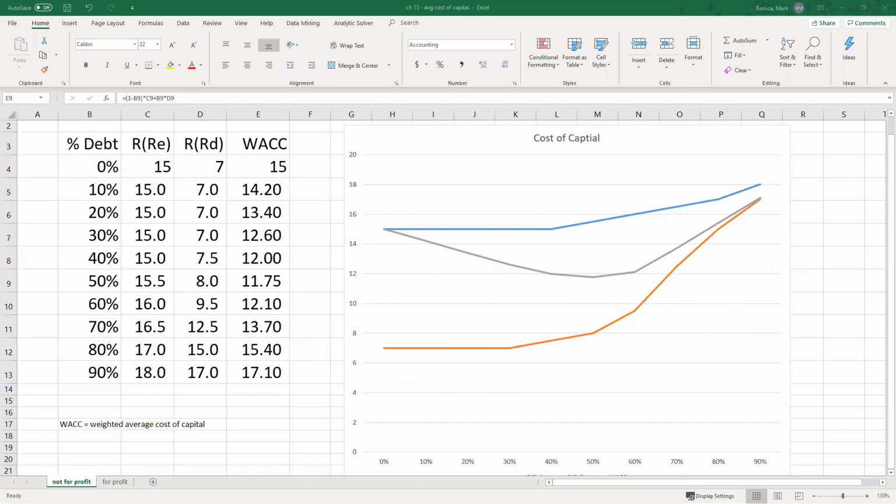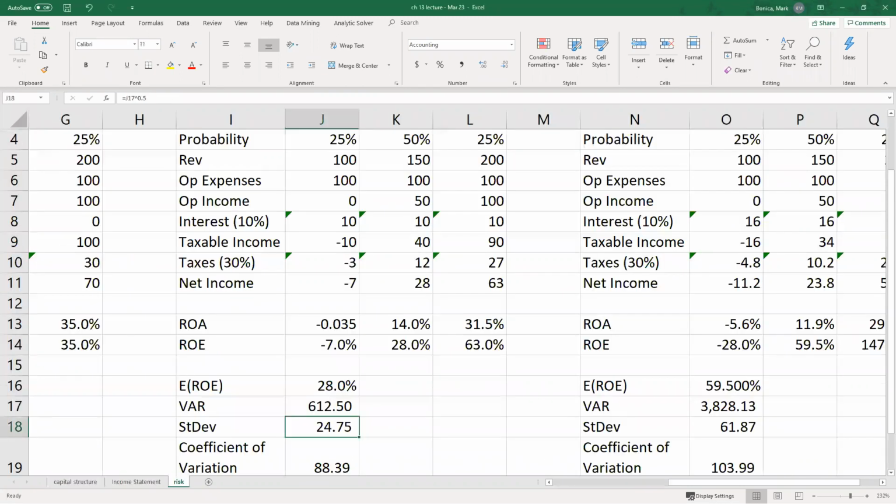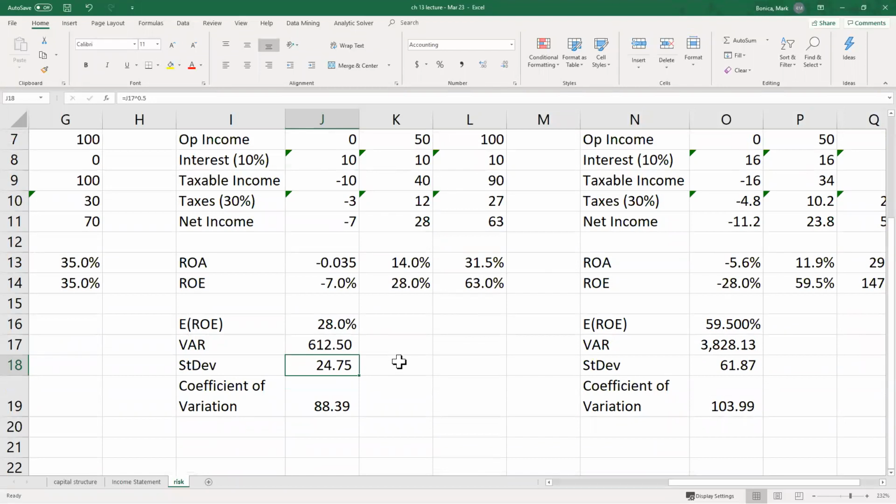One more idea. We've got a couple of minutes, so one last idea. I want to switch back, and this is operational risk versus financial risk. Okay, so operational risk and financial risk.